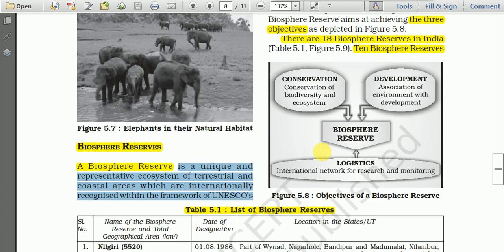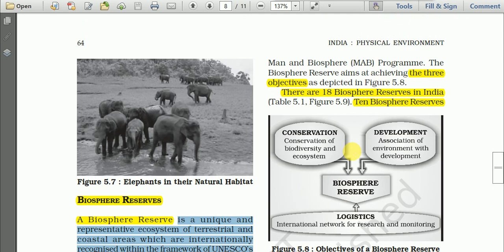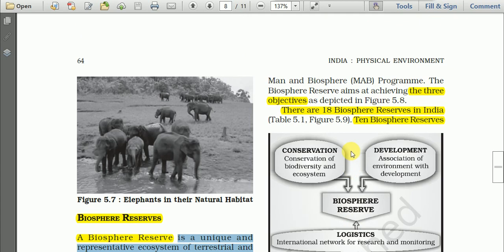So this is a very long, exhaustive definition. A biosphere reserve is a unique and representative ecosystem of terrestrial, meaning earth surface, and coastal, marine, areas which are internationally recognized within the framework of UNESCO's Man and Biosphere Programme.